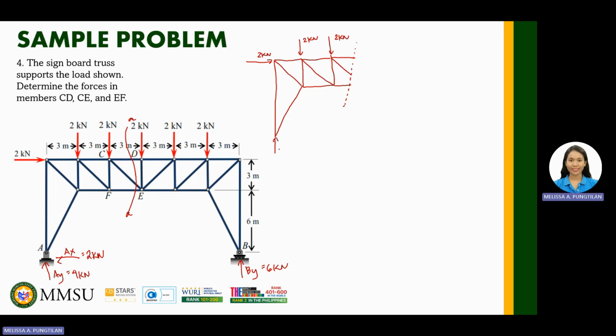And then we have here 4 kilonewton and 2 kilonewton. FC. So, nandito yung another joints, D and E. Okay. And then the dimensions, we have here 3 meters and then another 6 meters. And then tag 3 meters for the horizontal. Okay.